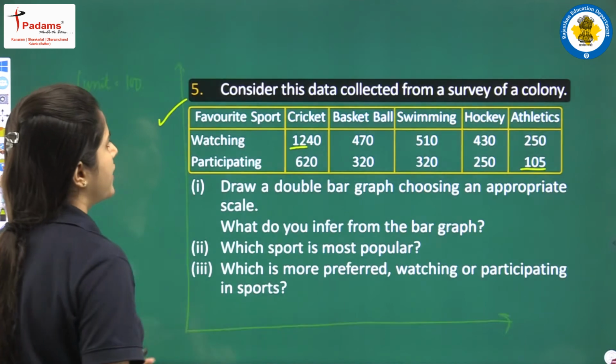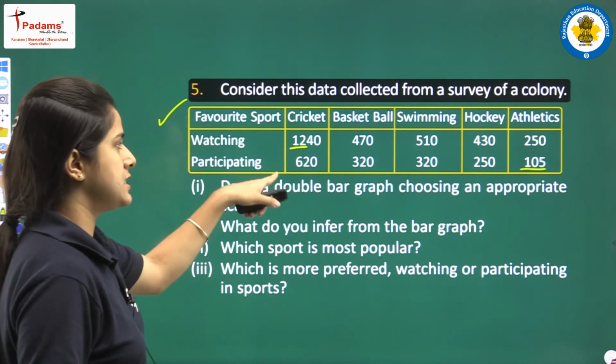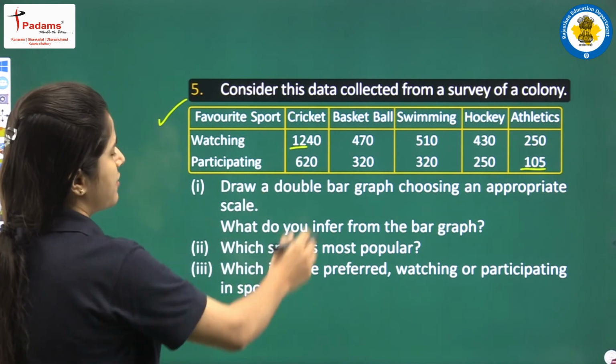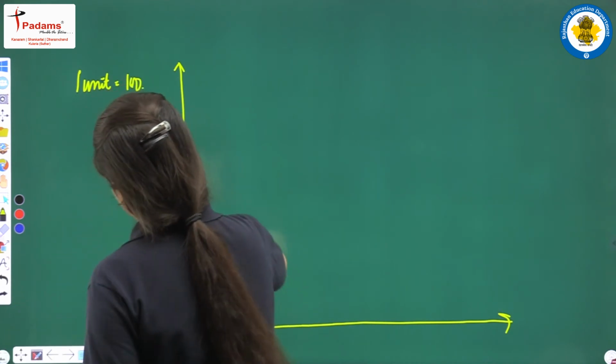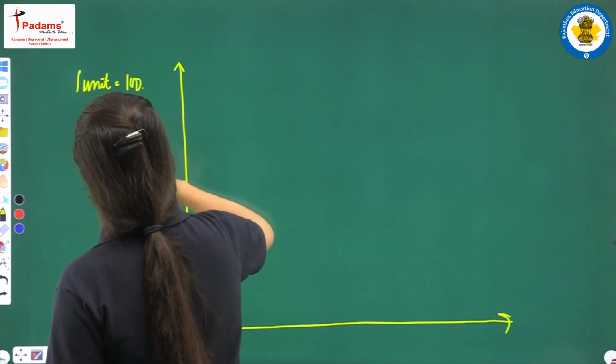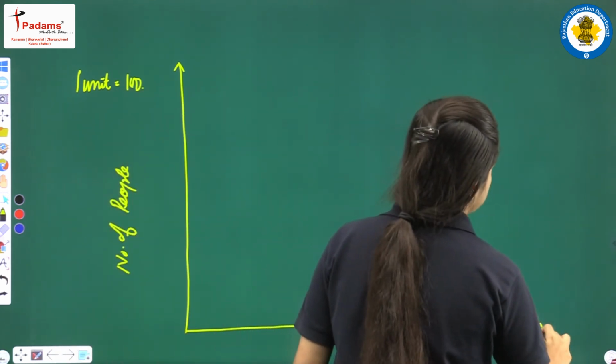So students, here we are considering the watching and participating thing. Okay, so this is the survey of a colony, number of people, right? So students, number of people, and this shows the sports.